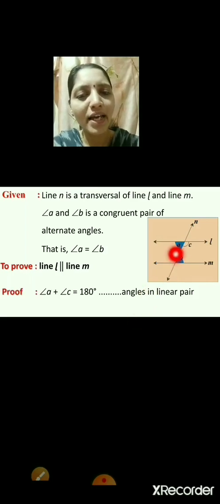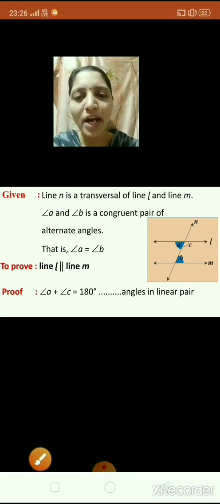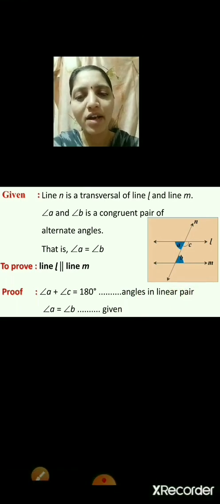Angle A plus angle C. Now again, if you observe here, angle C and angle A, these two angles are in the linear pair. So we can write here angle A plus angle C is equal to 180 degree. Write the reason as angles in linear pair. Now angle A is equal to angle B. It is given to you.